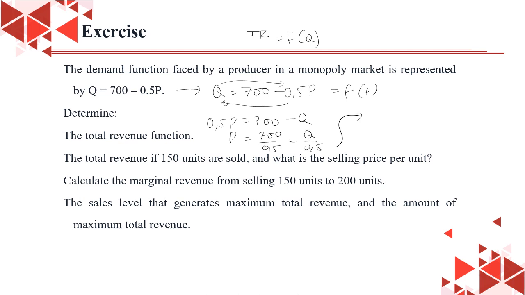So that is P equals 1400 minus, oh sorry, 2Q. Yes, Q over half is 2Q. Check it again. Okay, so now you can start like what I did before.